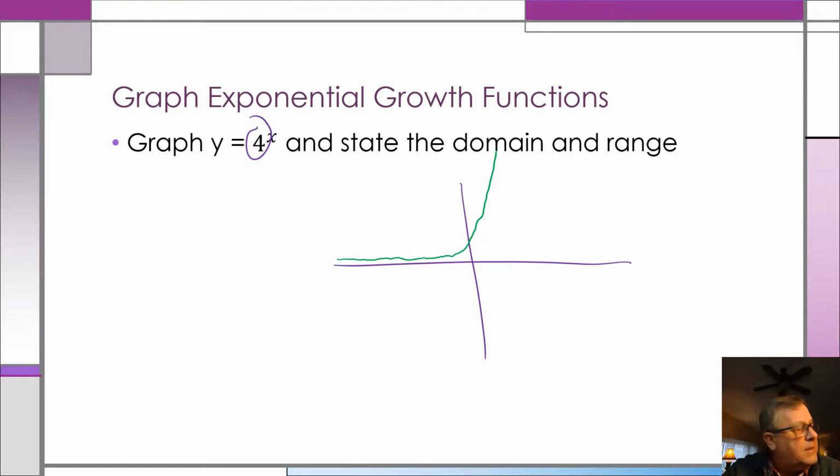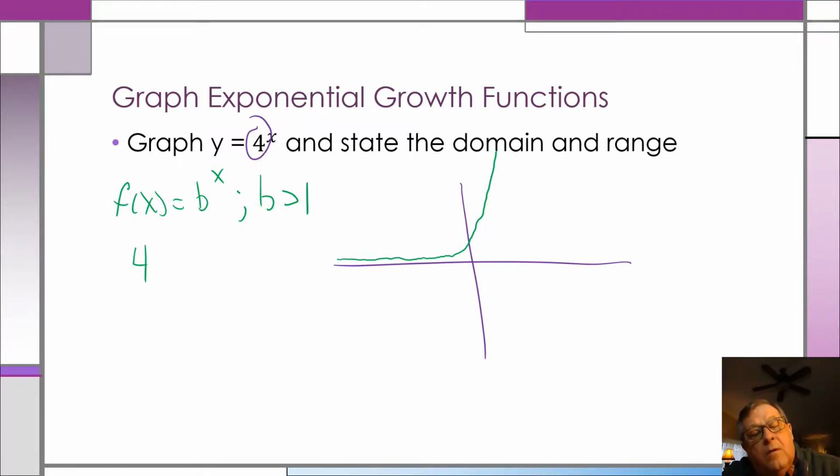This would be in a parent function form where we've got f of x equal to a base, in this case 4, raised to the power of x, and our base is greater than 1, because 4 is obviously greater than 1. Now, if x is negative, as an example, say we've got 4 raised to the power of negative 1.